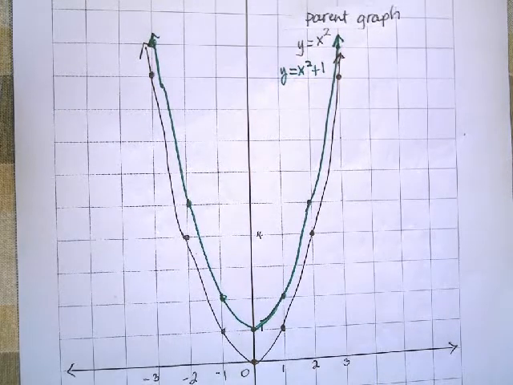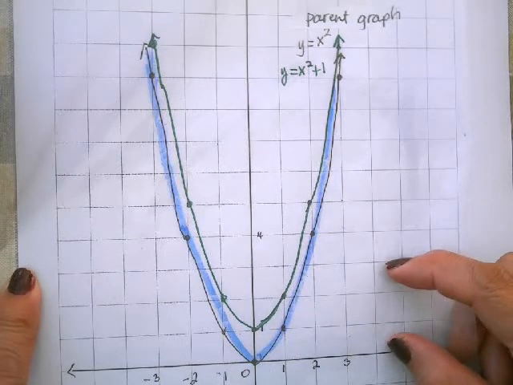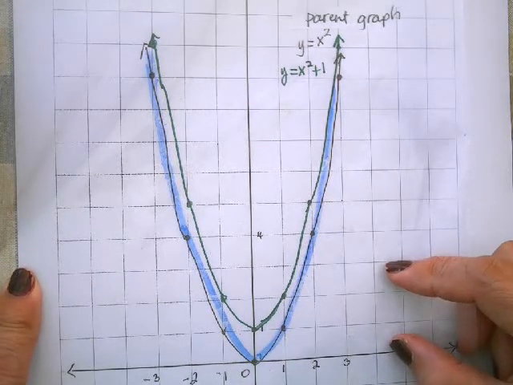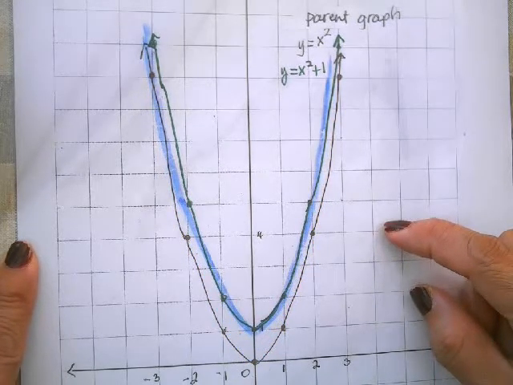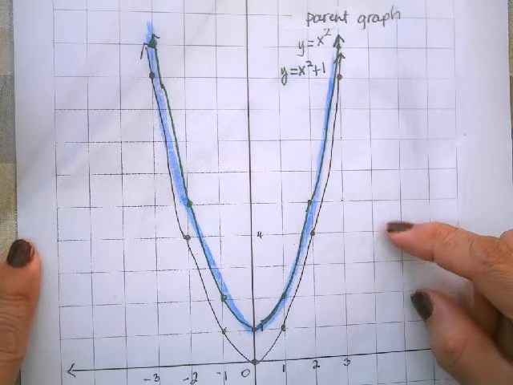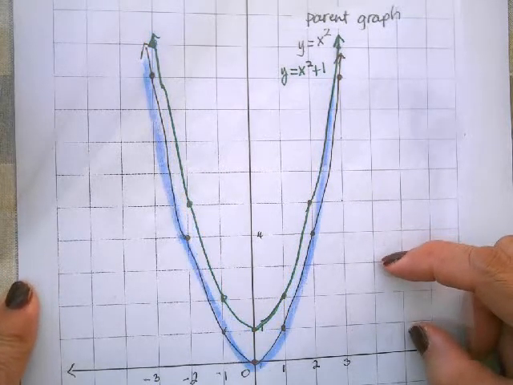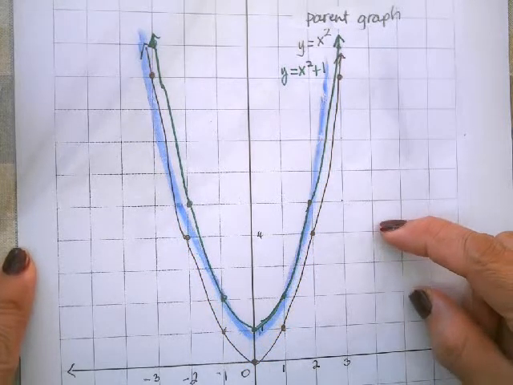If I trace the parent graph here, you can see that the green graph is the same as the parent graph, only it translated, or slid up 1 unit. So you can see it's the same graph, but translated 1 unit up.